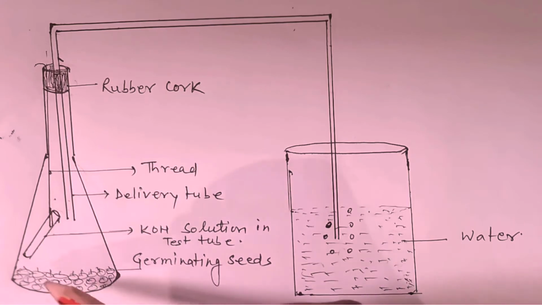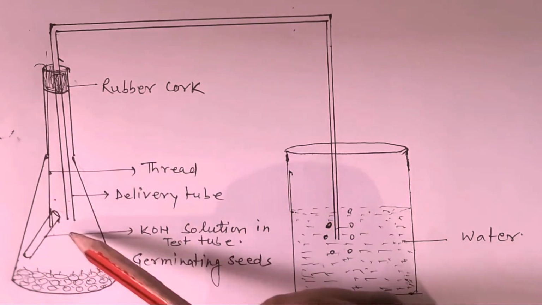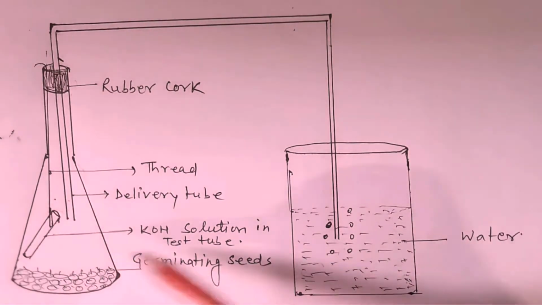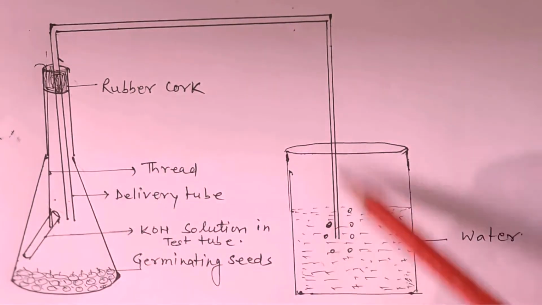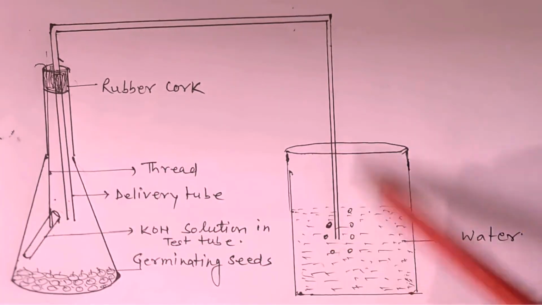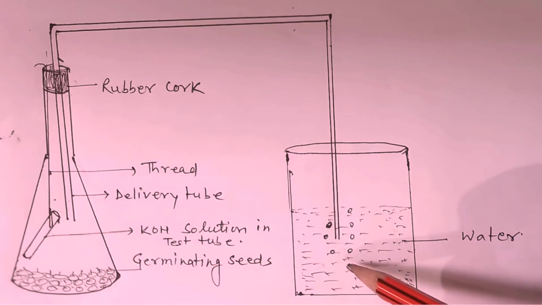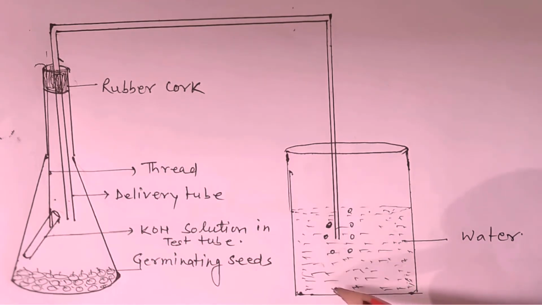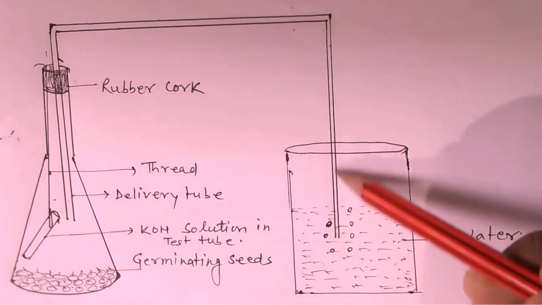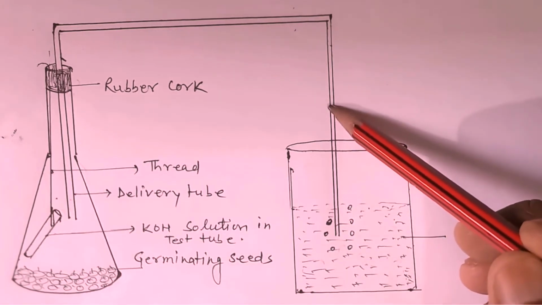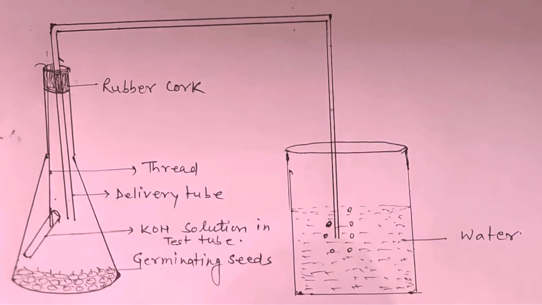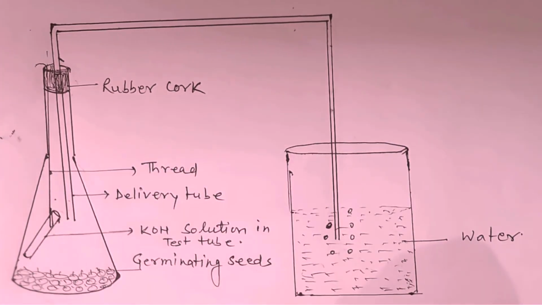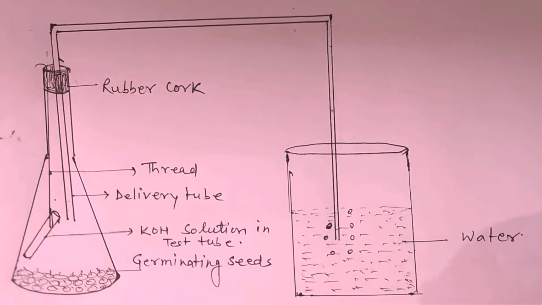So once the oxygen is used up, there becomes a vacuum or a low pressure in the delivery tube. Due to that, the liquid has risen up in the delivery tube. So if the liquid has risen up, then this proves that the process of respiration has taken place, and certainly the evolution of CO2 has taken place.